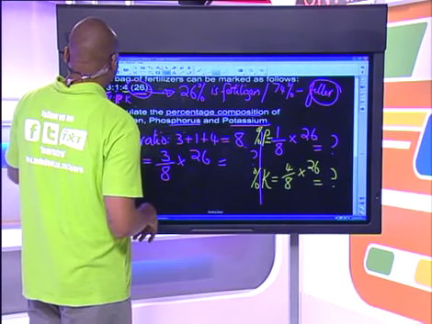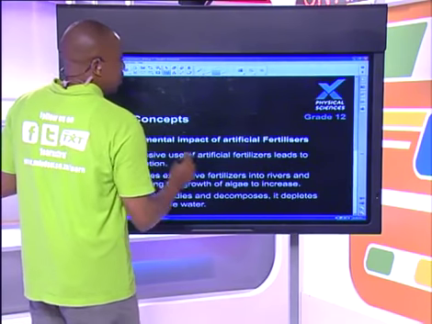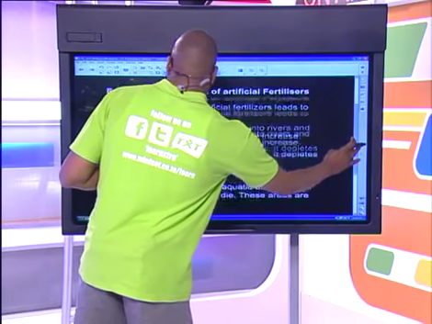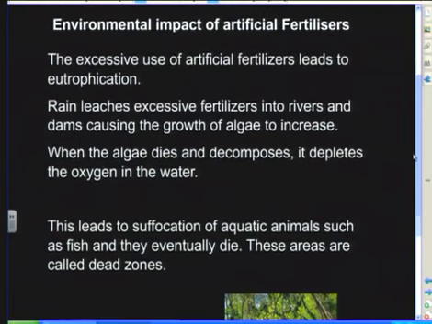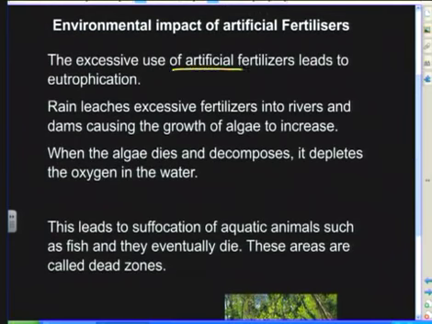Now, environmental impact, just to close up here, all right? The excessive use of artificial fertilizers leads to what we call eutrophication. How does this happen? Rain leaches excessive fertilizers into rivers and dams, causing the growth of algae to increase.